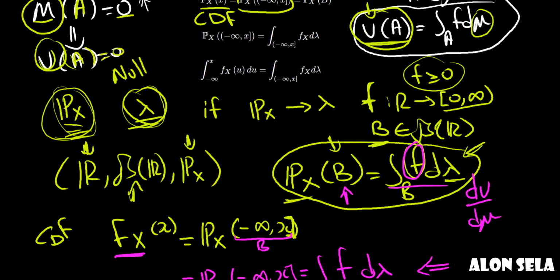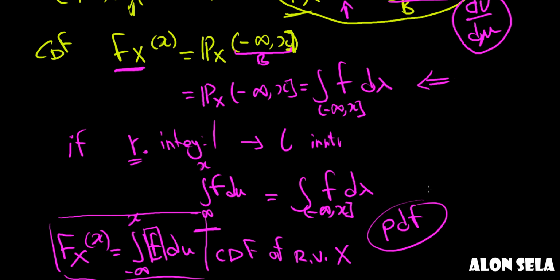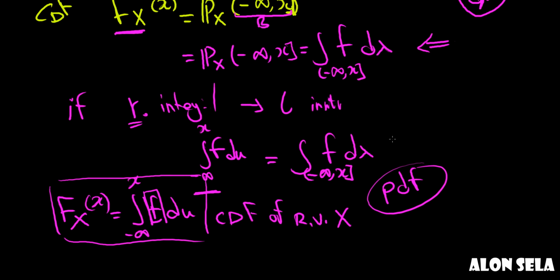So this function f is the Radon-Nikodym derivative, and when we are talking about a probability space, the PDF, the probability density function, is what is called the Radon-Nikodym derivative.